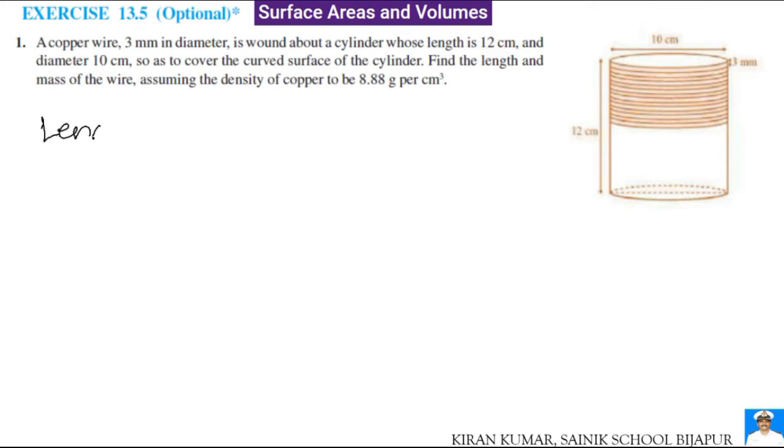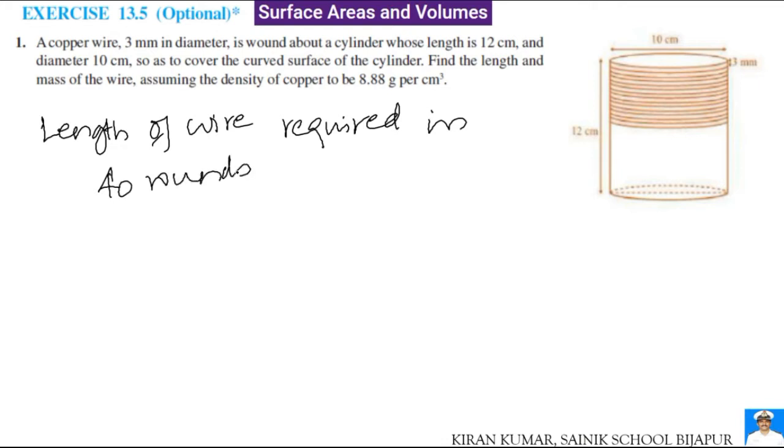With this information we can find out the length. The length of wire required in 40 rounds will be equal to 40 times the perimeter. So it is 40 times 2 pi r.